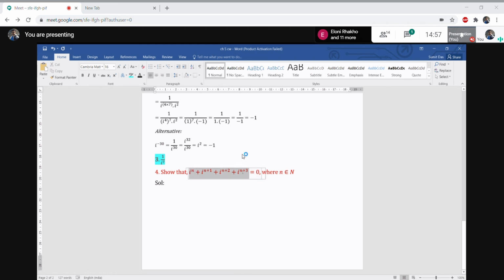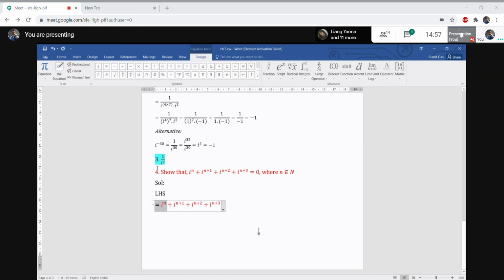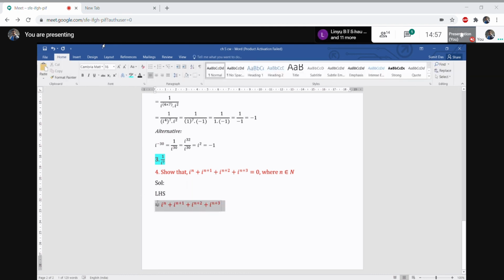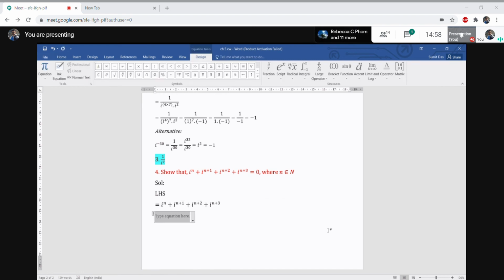Just write down the left hand side. Left hand side equal to this. I will use a class 9 logic, I mean a class 9 theorem. Equal to i^n, so no change.